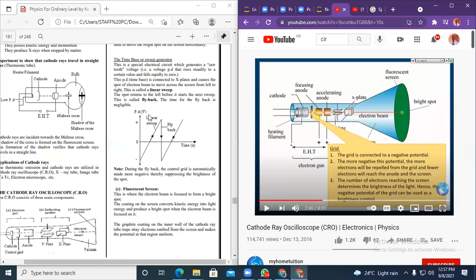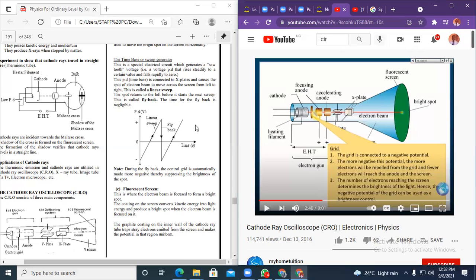So you see the spot moving from left to right and then again left to right. But remember that between the sweeps we have what we call the flyback. The flyback is the shortest time through which the voltage drops back to zero, or the spot drops back to the left.